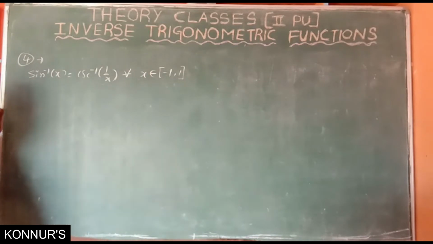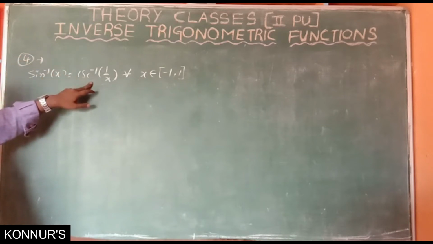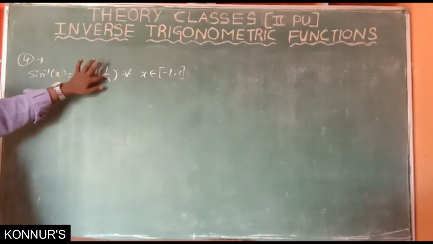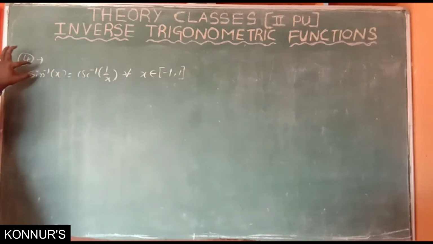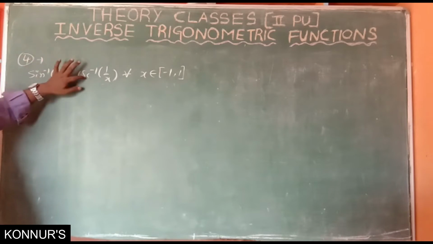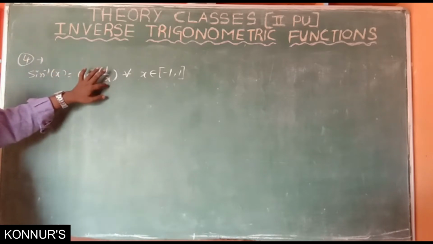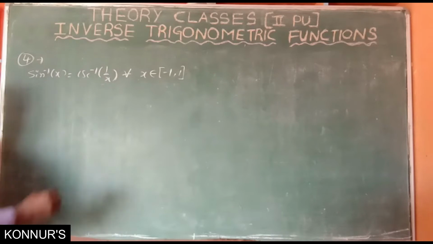We know it in the regular trigonometric functions. Sin x is reciprocal to cosecant x. Cosecant theta is 1 by sin theta. That means sine is related with the x. Cosecant is related with 1 by x, no doubt at all. That is the thing.